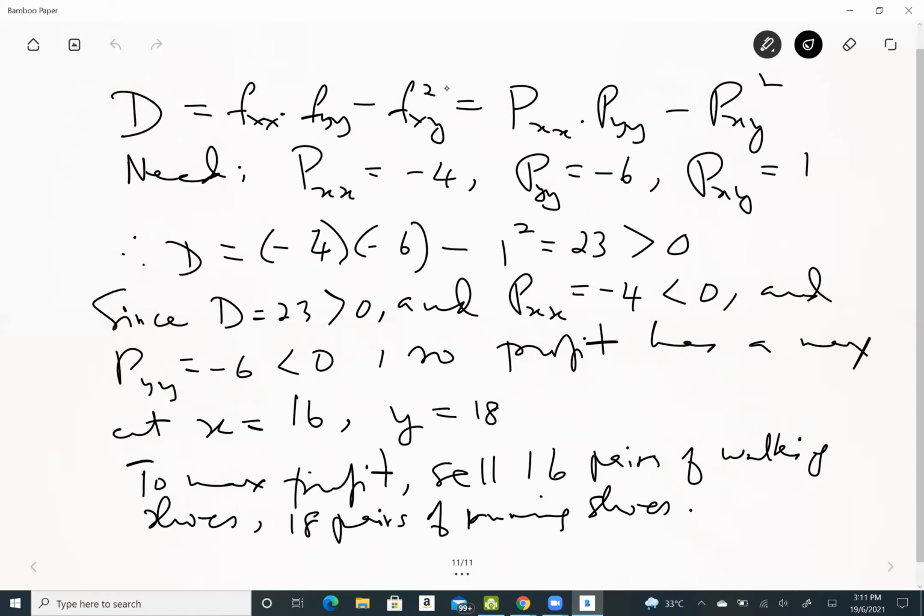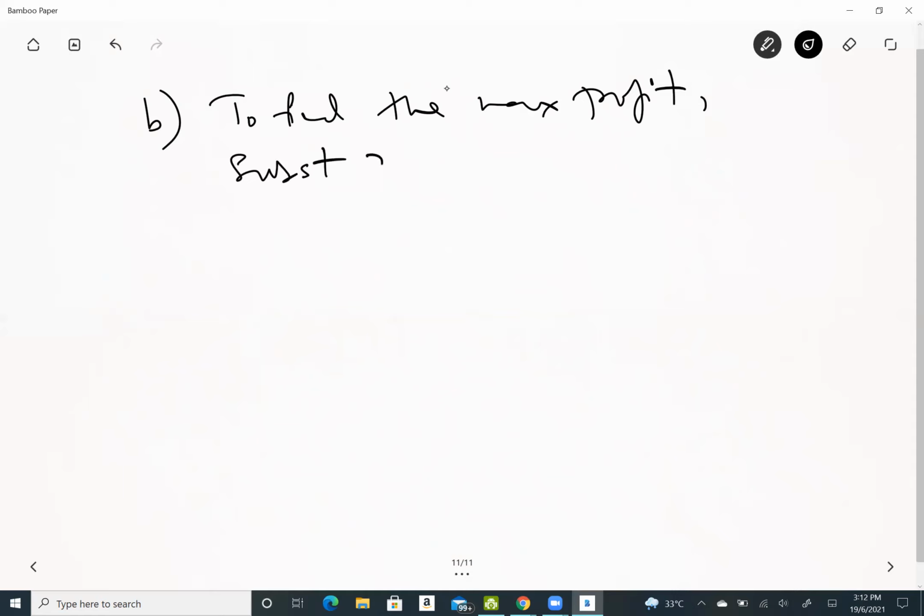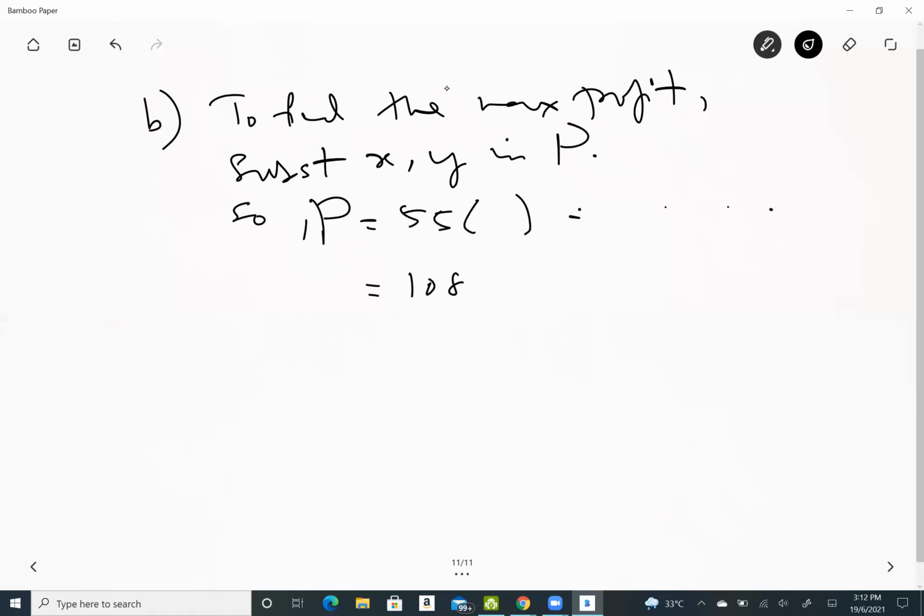And then you go to part B, which is to get the maximum profit. What do you do? To find the maximum profit, I substitute x, y into P. So what do I get? I get P equal to 55 multiplied by the x plus everything. So what you get will be 1085.17.